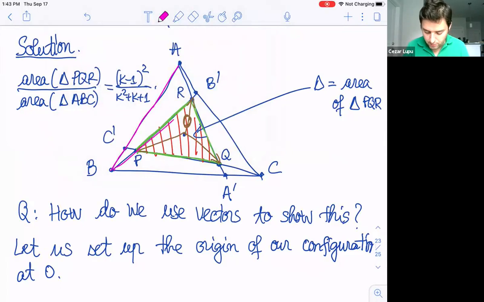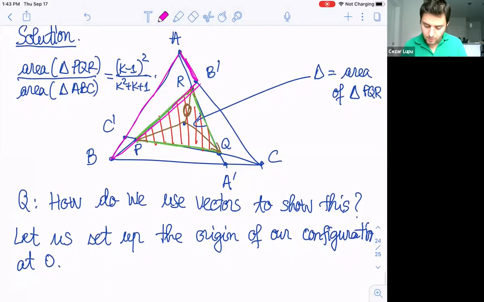I want to look at this triangle ABB prime.